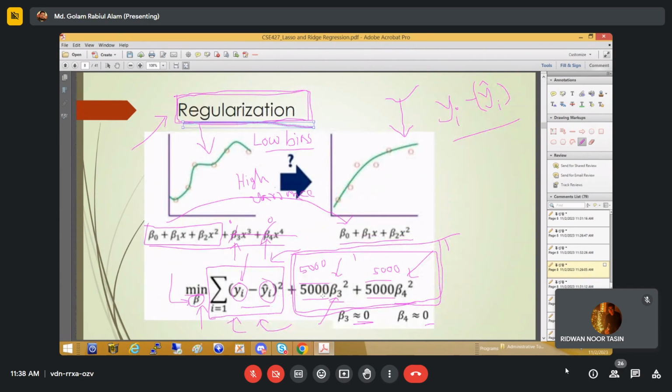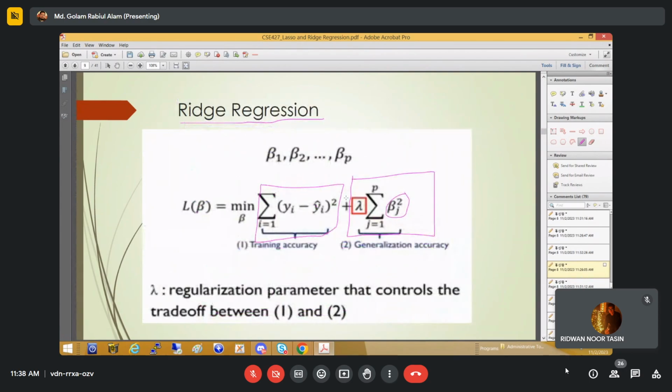That's what we have written here: 5,000 times beta 3 square and beta 4 square. Actually, here we do the regularization using Ridge regression. Why it is called Ridge, I will explain later. In Ridge regression, this term is the added penalty. So we have the original objective function, but now we have the added penalty.